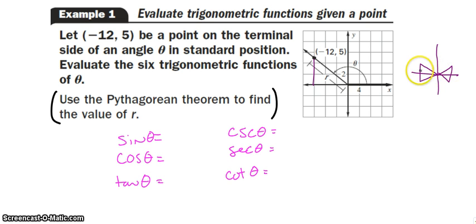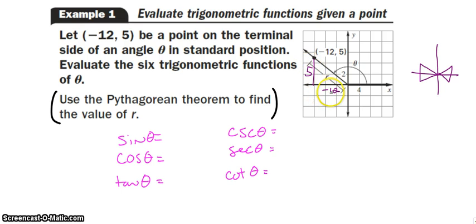So it's got to be with the x-axis. If you're in the second quadrant, we're up here, then third quadrant, fourth quadrant, and then first quadrant. So this is my x value, that is -12. This is my height, my y value, 5.